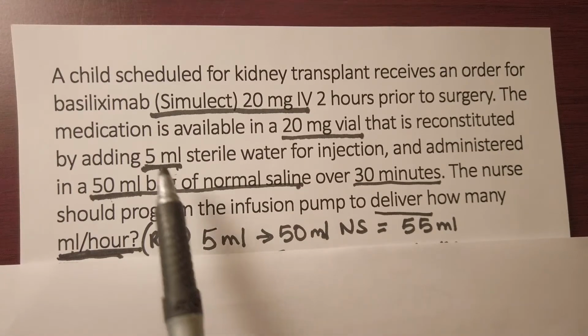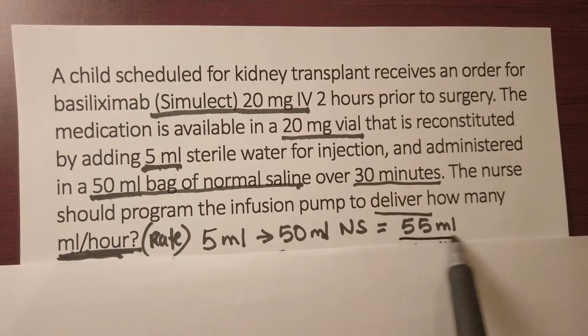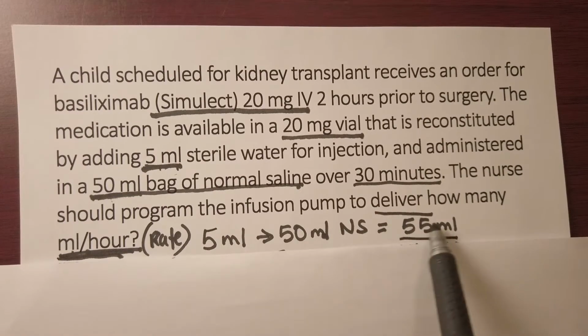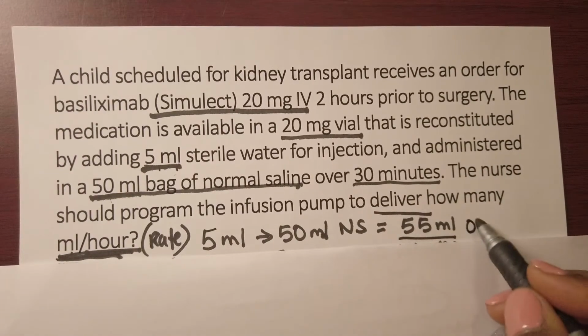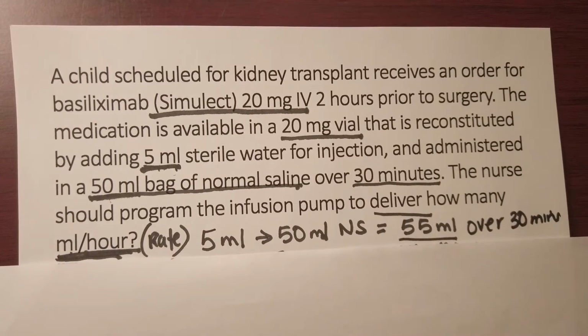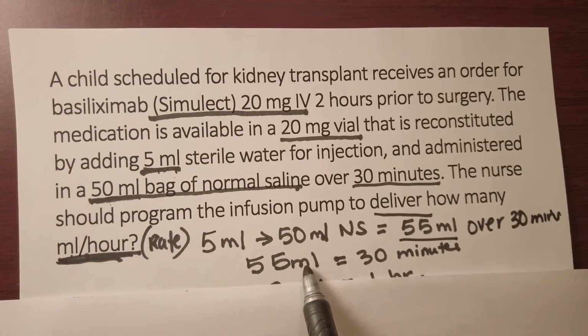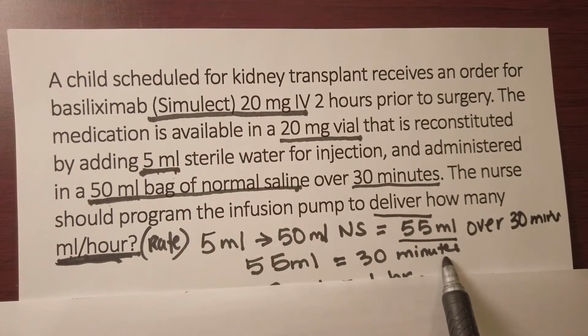And the 50 plus 5 makes 55. Okay, so it's 55 ml that's given over 30 minutes. So we have 55 ml is equal to 30 minutes.